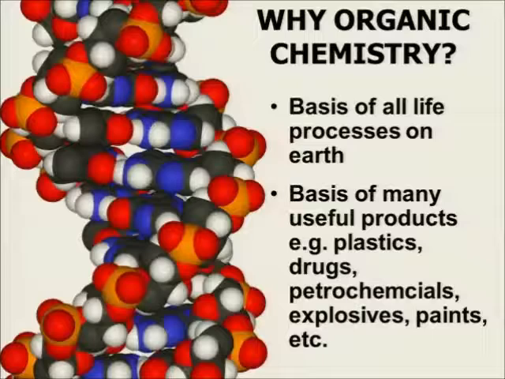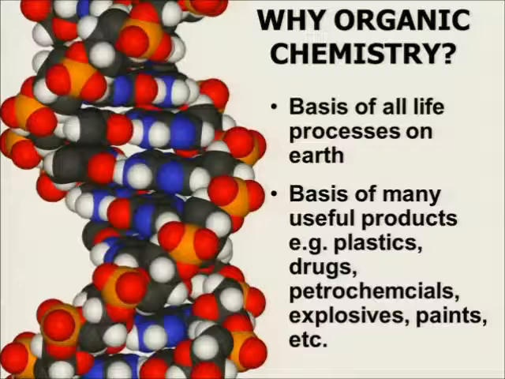And then it's also useful for the products that we have, like the plastics that we are using to carry our grocery from the shops, the drugs that we are using when we are not well. We are not talking about the drugs that people are buying, the Mentrax and that. We are talking about the medicine. The drugs we are referring to here is the medicine. So all those are made from organic chemistry.